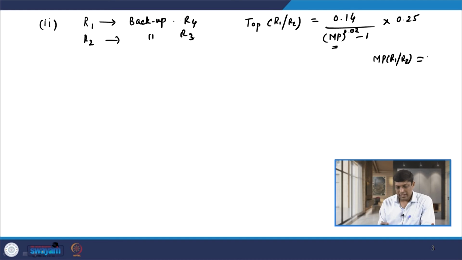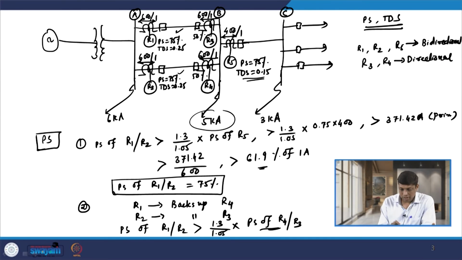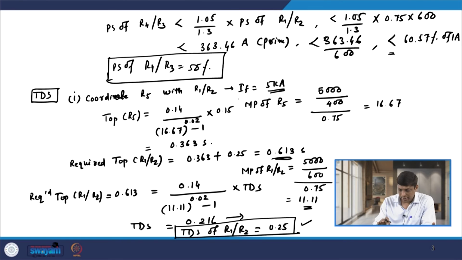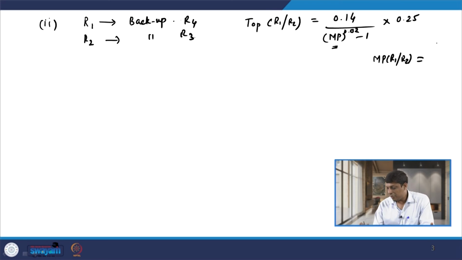Now, the question is what is the value of MP for R1 and R2. For that, as we are coordinating the relay R1 with R4 and the relay R2 with R3, we have to consider the same fault level, that is 5 kilo ampere, and calculate the MP of R1 and R2. So, that is 5000 ampere divided by the CT ratio of R1 and R2, that is 600, divided by its plug setting, that is 0.75.